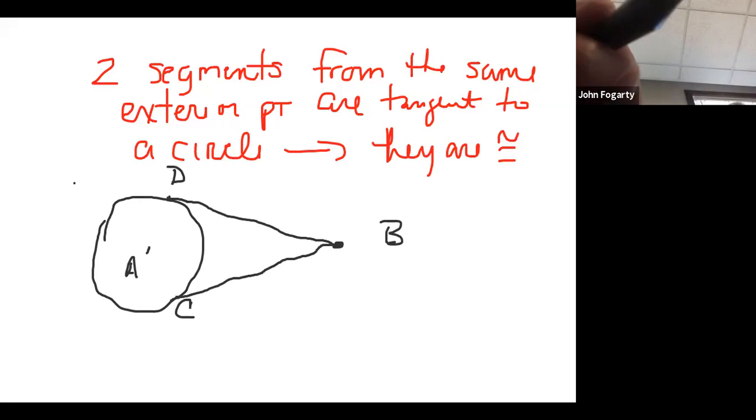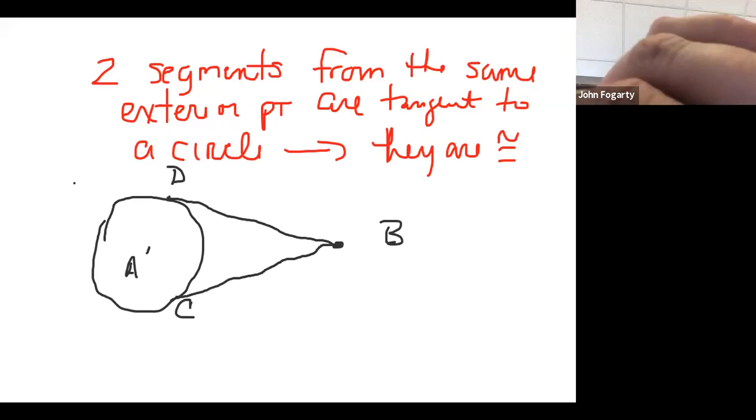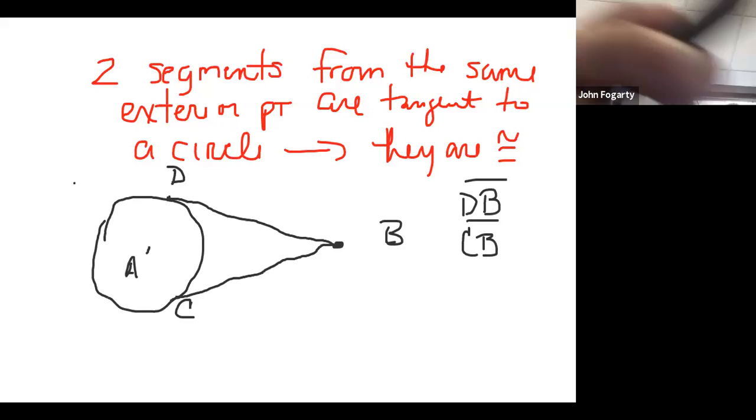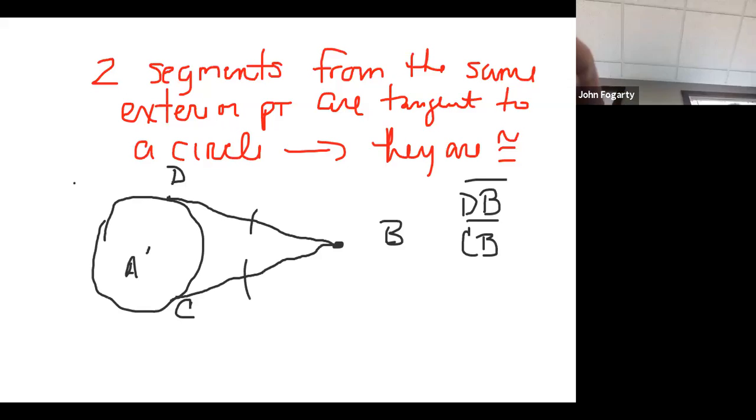And I'm telling you that DB and CB are both tangent to circle A. What this says is those two segments are exactly the same measure. Does that make sense? Yes or no?